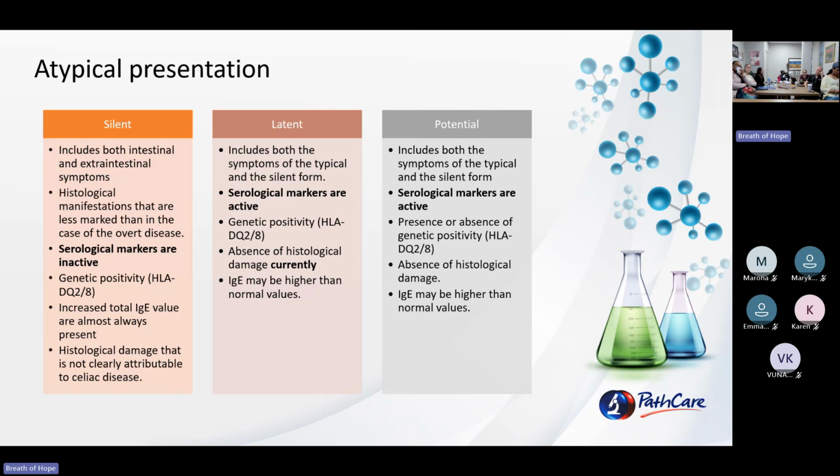they're silent, latent, and potential, so they can include both the intestinal and extraintestinal symptoms. For your silent patients, the histological manifestations are less marked than that of the overt disease or found in like Marsh classification 2 and above. So the histological damage is not specifically clearly attributable to celiac disease.